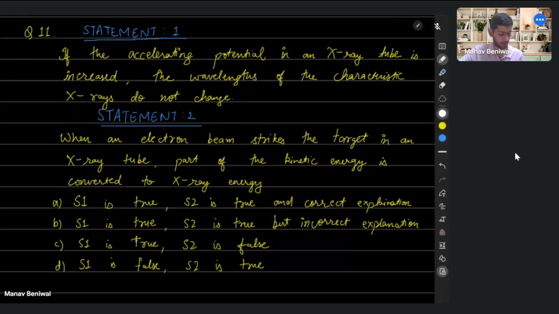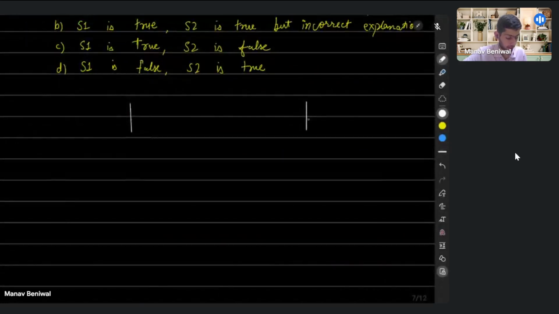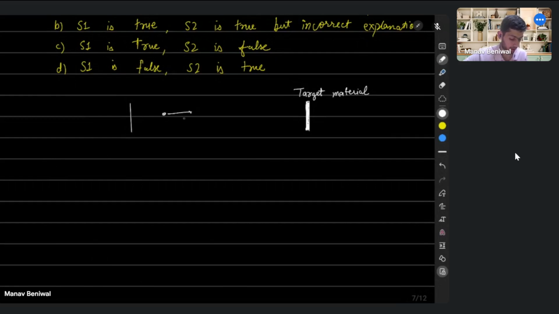So let us draw the setup here. Let's say this is our target material, and here we have electrons which are being accelerated in a potential V. So we have some potential difference V, which gives kinetic energy to these electrons given by eV, and then they go and hit the target.